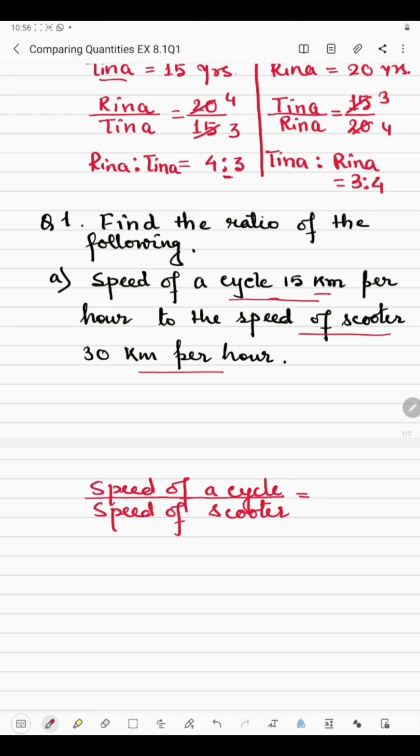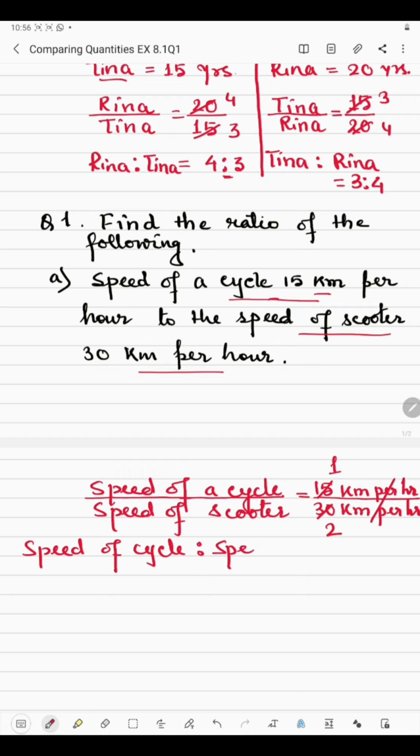Speed of a cycle is 15 km per hour and speed of scooter is 30 km per hour. So 15 ones are 15, 15 twos are 30. So the ratio of speed of a cycle to the speed of scooter is 1:2.